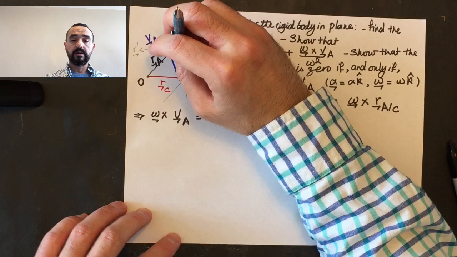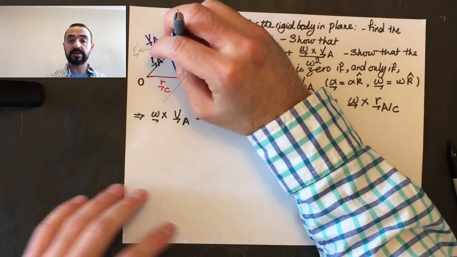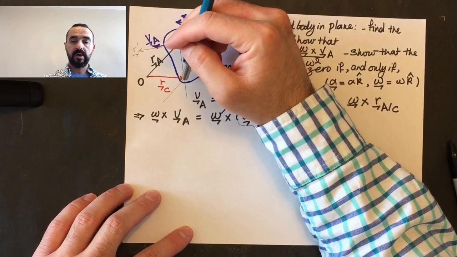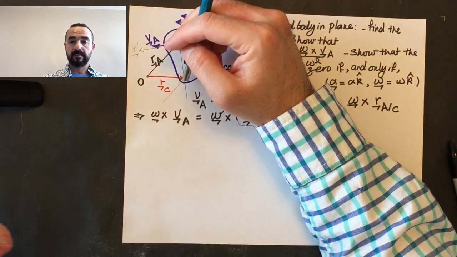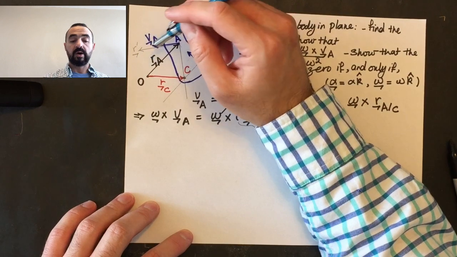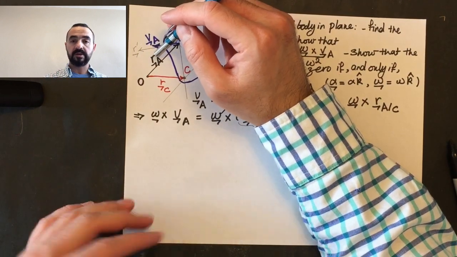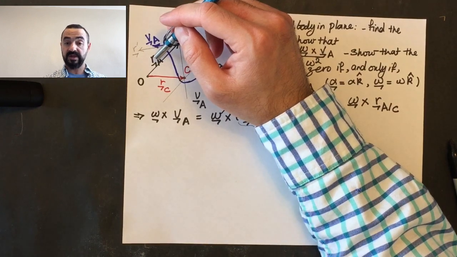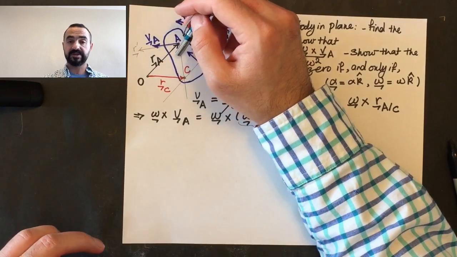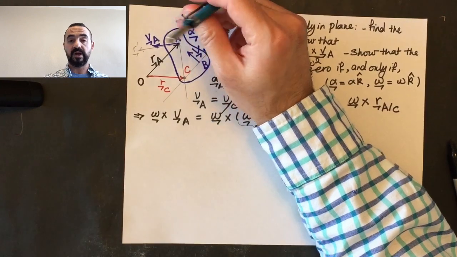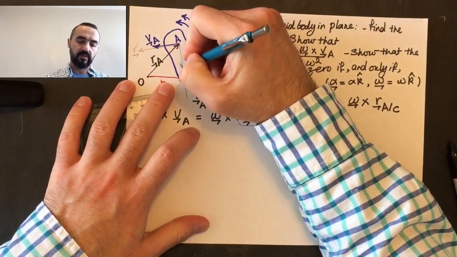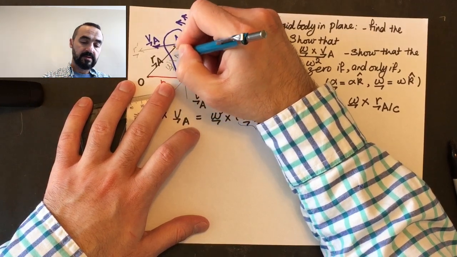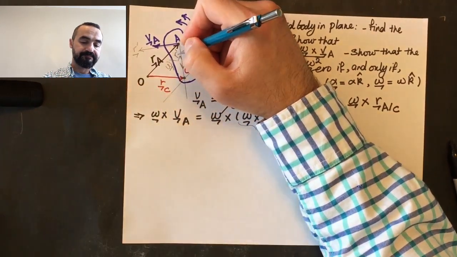Use your right hand rule, and you can see that omega cross R prime points towards point C. In fact, it is negative in terms of direction. It is negative RA with respect to C. So this is omega cross R prime.